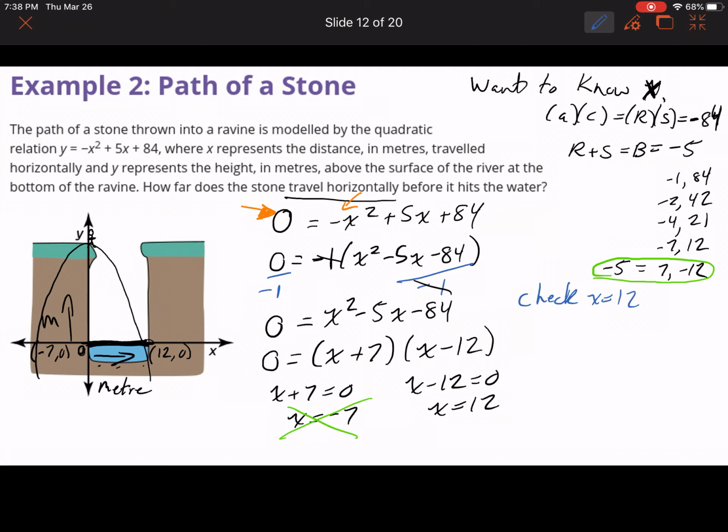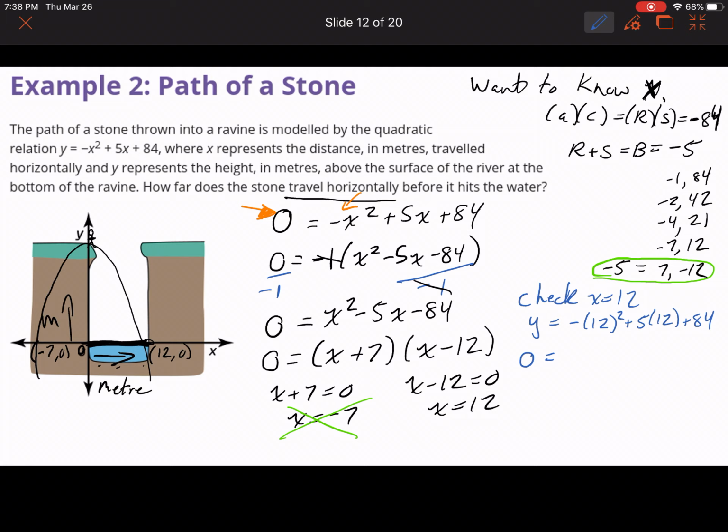So going back to our original equation, we're trying to get a 0 in here. And realize that that x and that minus are different.